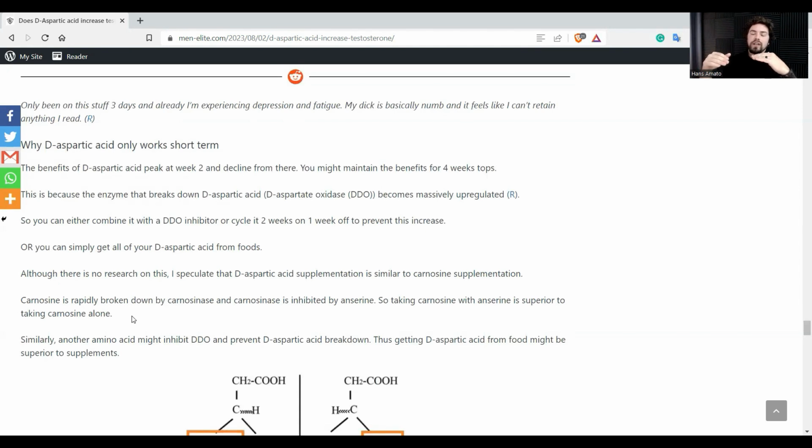So when you take carnosine and anserine together, they are much more superior than taking carnosine alone at increasing your tissue levels of carnosine. Similarly, I think there are other amino acids that might inhibit DDO and prevent the aspartic acid breakdown. Therefore, if you get D-aspartic acid from food, it would be much more superior than taking a supplement.